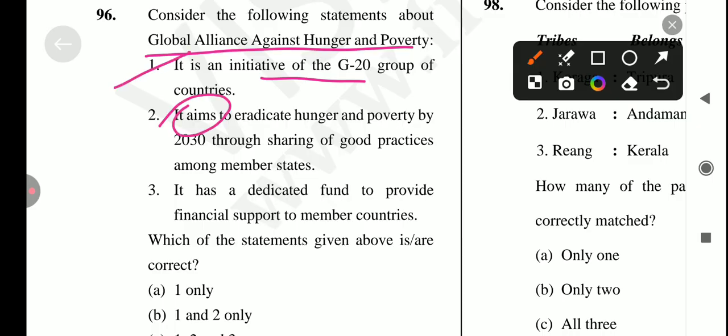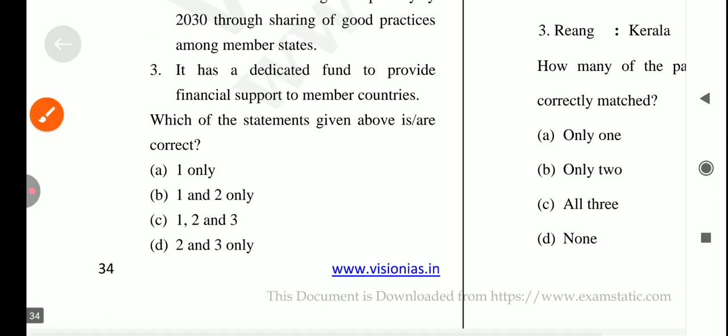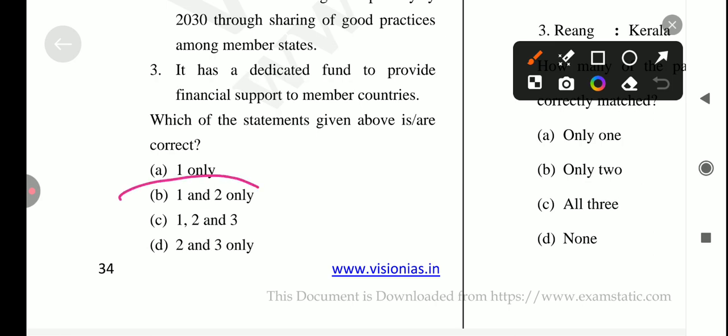Next, it aims to eradicate hunger and poverty by 2030 through the sharing of best practices among member states. Yes, it's also correct. Next, it has a dedicated fund to provide financial support to member countries. Is it true? No, it's not a correct statement. So the answer for this question is option B. Only 1 and 2 are correct.